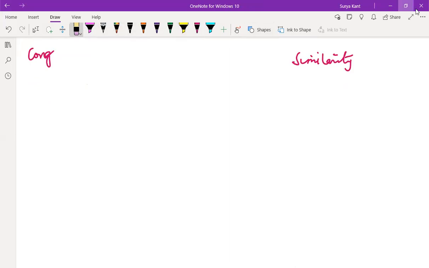So what is the difference between congruency and similarity? All squares with the same side lengths are congruent, and all equilateral triangles with the same side lengths are congruent.